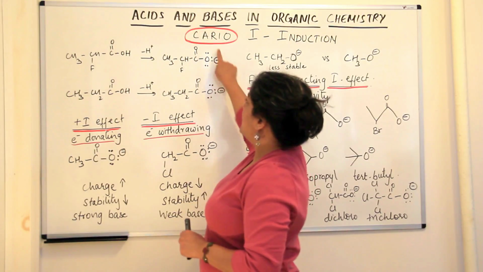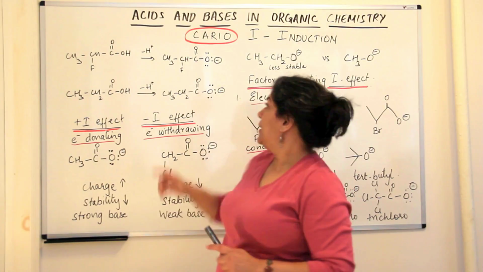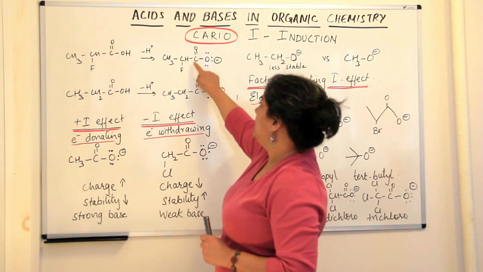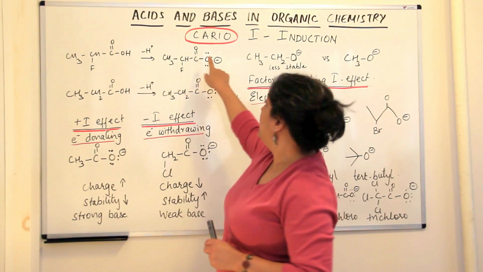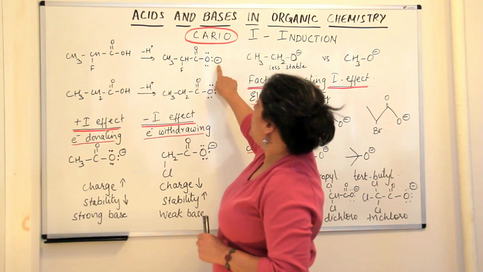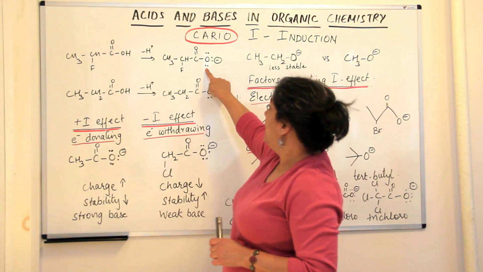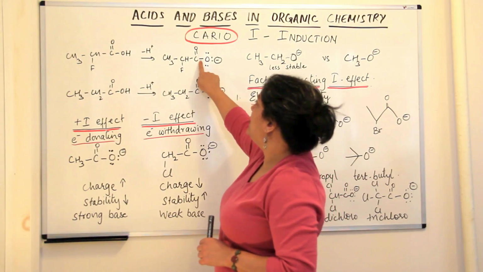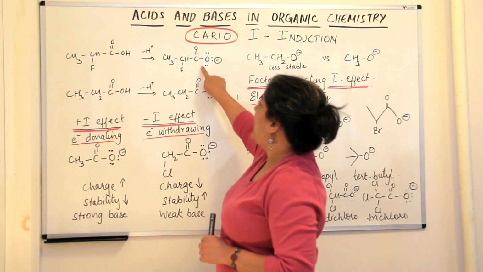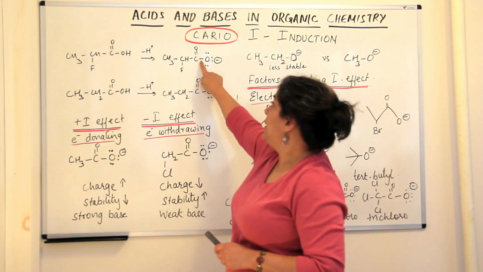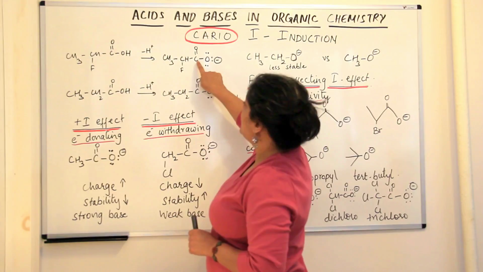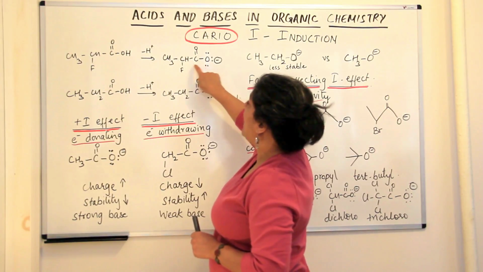If you look at this COO negative, the carbonyl group, the acidic group, the lone pair of electrons on the oxygen may move towards this CO bond and form a bond here. As a result, this carbon would have 5 bonds.